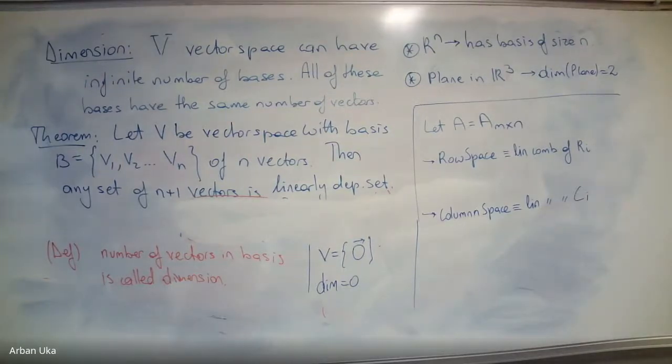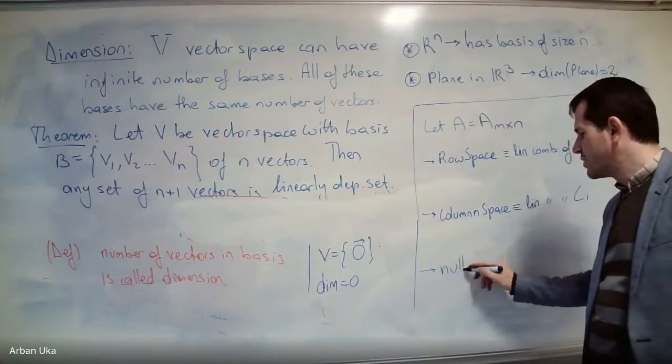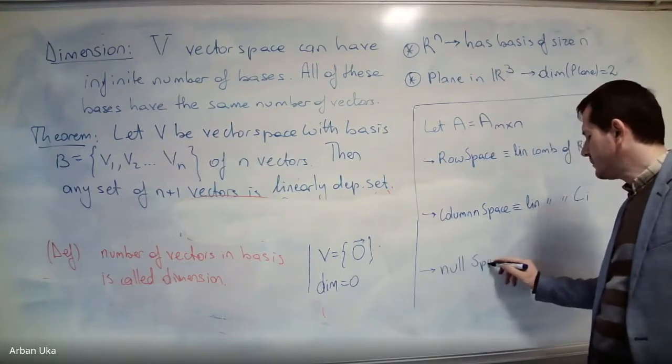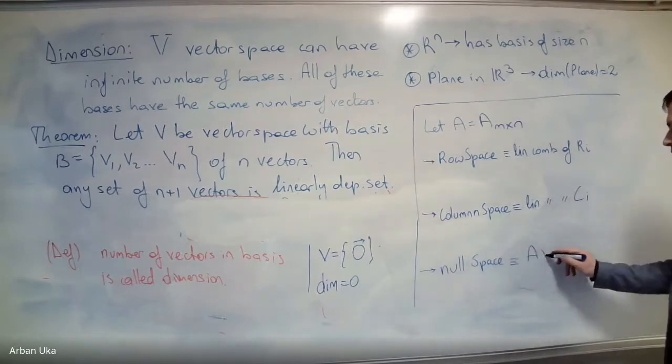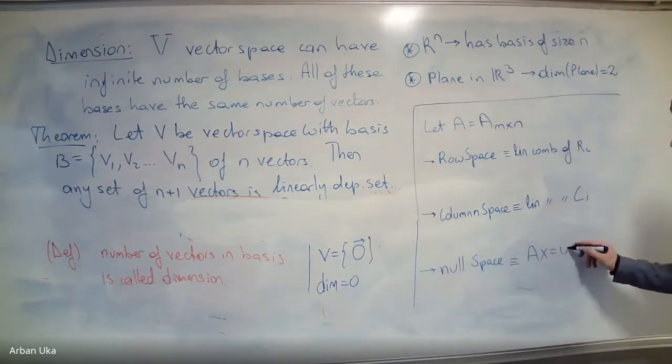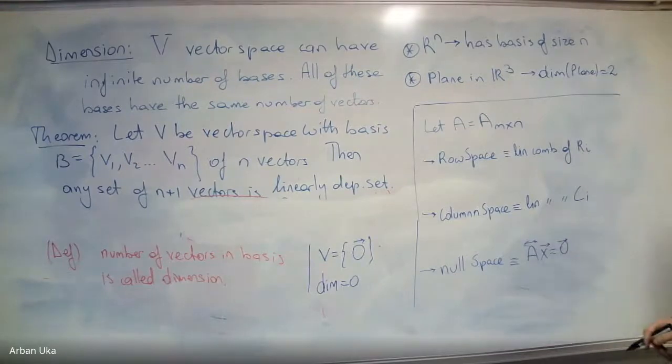Then we have another space that we are used to, which is the null space. Null space, we know what it is: the set of all vectors x such that Ax is equal to 0.